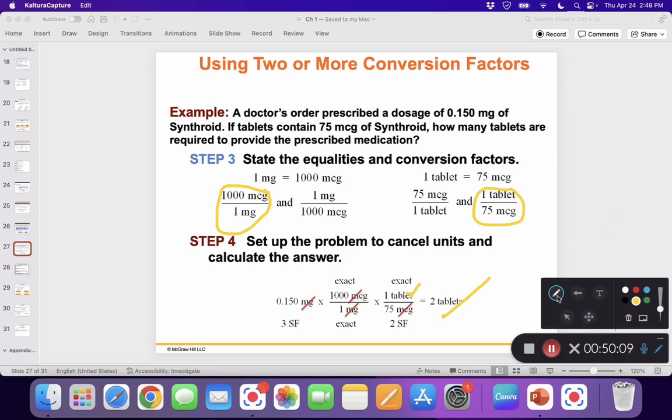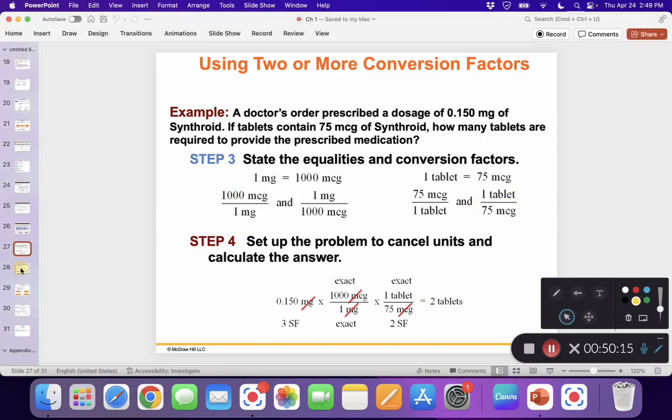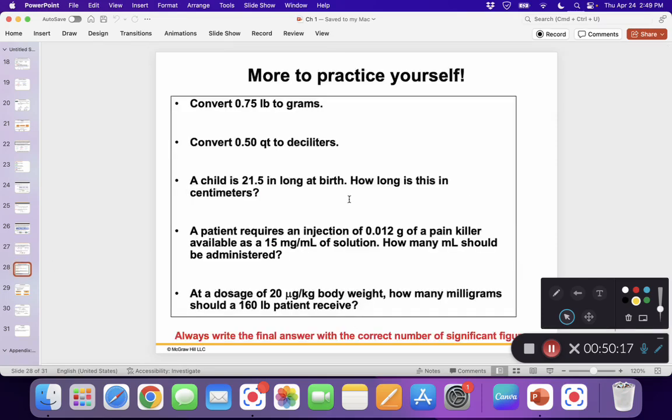Now let's see if we have any more to do. Okay, more to practice yourself. Please go ahead and work on these problems. I will also have the introduction to math video to help you on your lab side, and that will give you a good exercise. With these exercises we just did, you can also work on these problems.